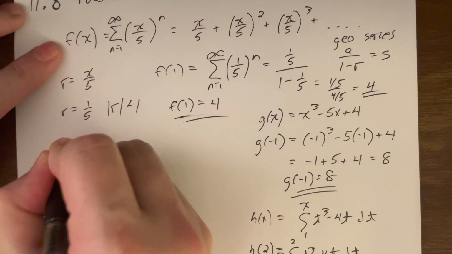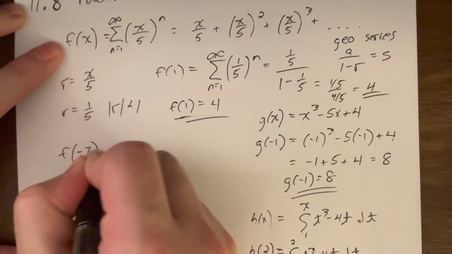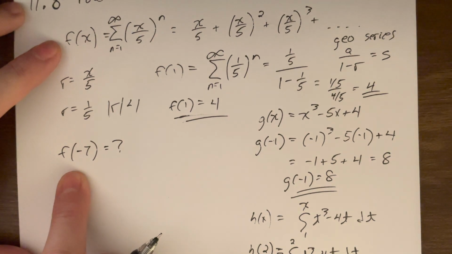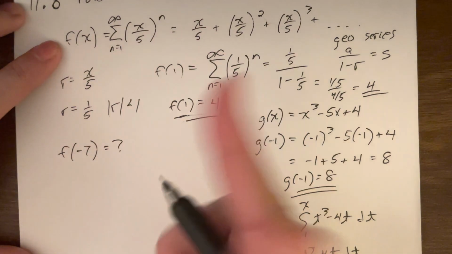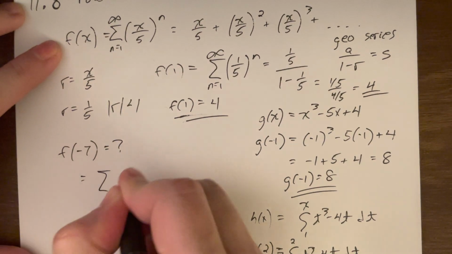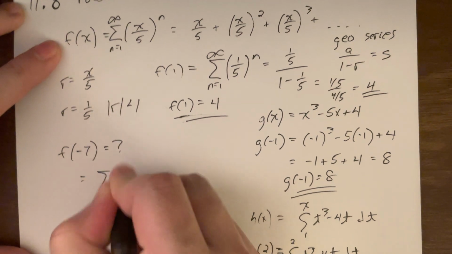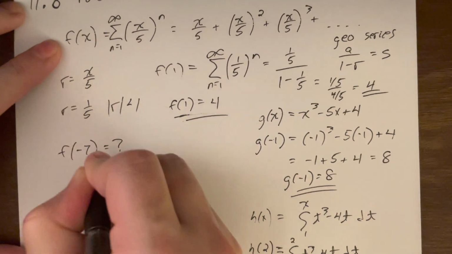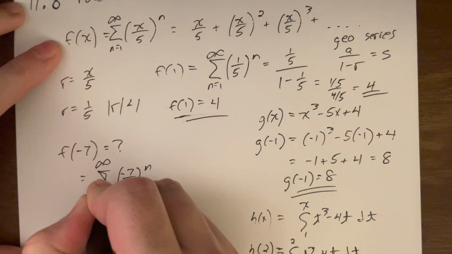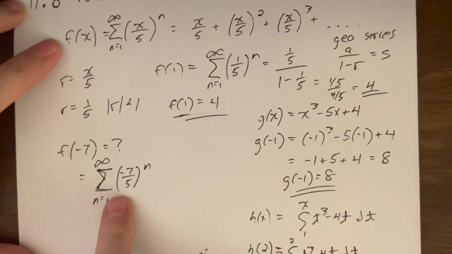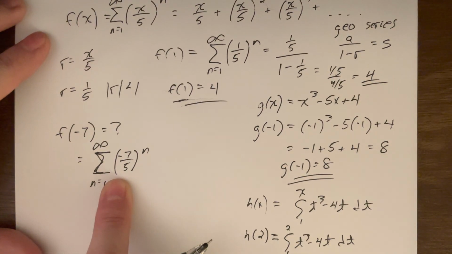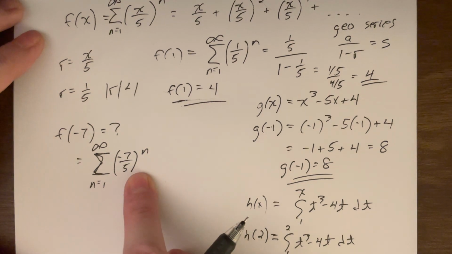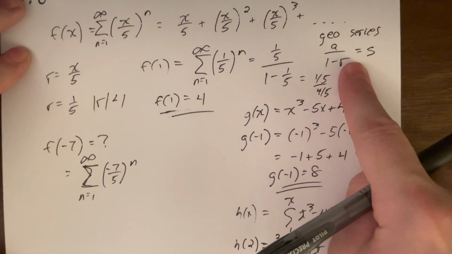But what if I asked you to find what is f of negative 7? Well, it still seems easy. You'd plug it in, you'd get the series negative 7 over 5 to the n power. And if you go too quickly through that, people have the bad habit of just, it's still geometric, go right to this formula.